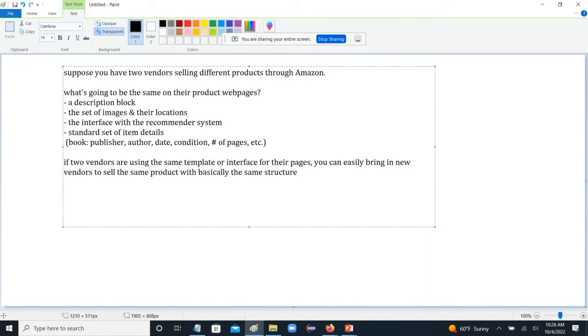Okay, so if you have two guys selling books and they're using the same interface, you've established multiple vendors can use this interface, right? It has all the stuff that vendors are going to need. So you say, hey, if you're selling a book on Amazon, use this standard format. And the vendors will be like, yeah, okay, we can do that. And then you don't have to design custom interfaces, okay?